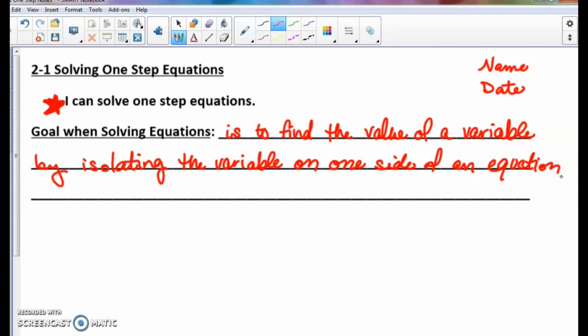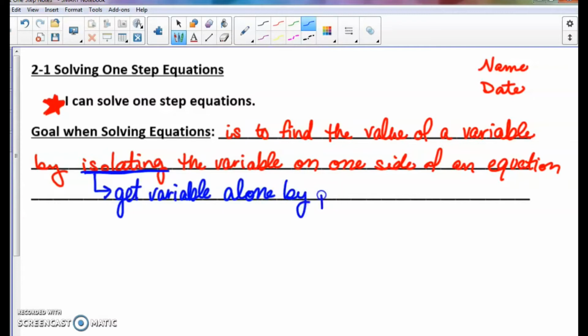Now, we all know that isolating just means we're going to get it alone. So if we're going to isolate the variable, that just means we're going to get the variable by itself, or get the variable alone by performing opposite operations.